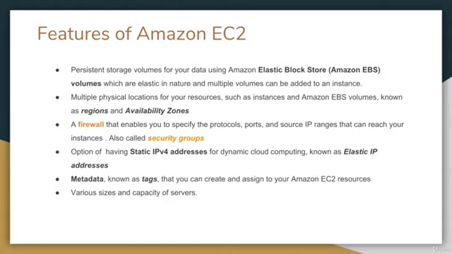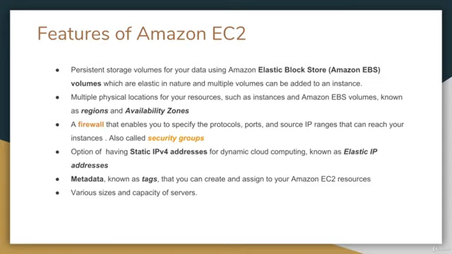These are Amazon's global infrastructure. You can place your EC2 instances in Sydney, in the US, in Brazil, and so on. So you have this option to place your EC2 in multiple physical locations.